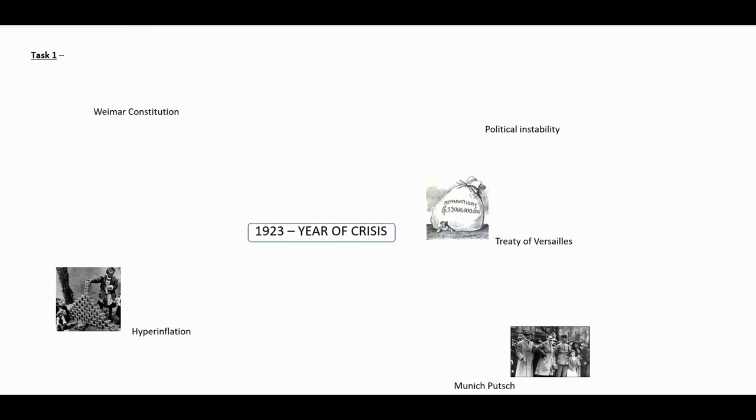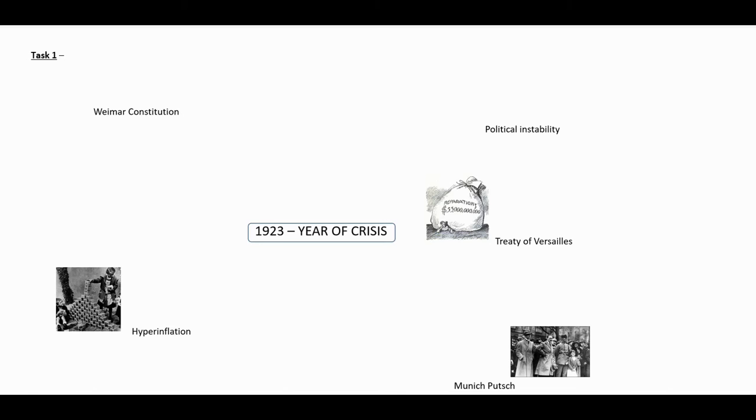hyperinflation crisis, and the French decision to invade the Ruhr was because the Germans were not actually keeping up their reparation payments under the Treaty of Versailles. And we know that Hitler's hatred of the Treaty of Versailles and his dislike of the way that the government had given in, as he saw it, to the French and called off passive resistance after the French occupied the Ruhr is also linked to the Treaty of Versailles.